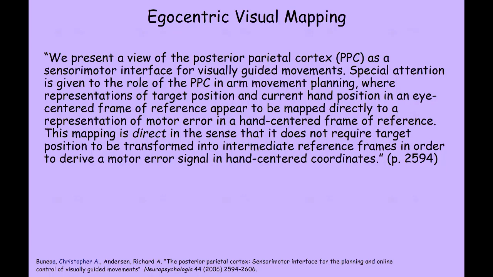Special attention is given to the role of the posterior parietal cortex in arm movement planning, where representations of target position and current hand position and eye-centered frame of reference appear to be mapped directly to a representation of motor error and in hand-centered frame of reference. This mapping is direct in the sense that it does not require target position to be transformed into intermediate reference frames in order to derive the motor error signal in hand-centered coordinates.